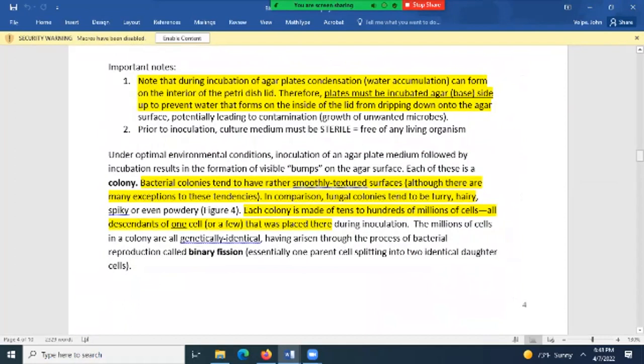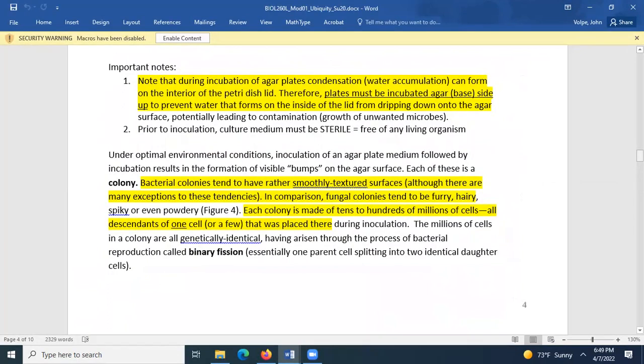All right, so agar plates, let me try and view this. I can't see this, so hopefully you can view this. We're going to pretend this is an agar plate. If you were to put it in an incubator right side up with the lid on the top and the plate with the growth on it on the bottom, the moisture from the agar will, from the heat of the incubator, evaporate, and then it will condense on the bottom of the lid.